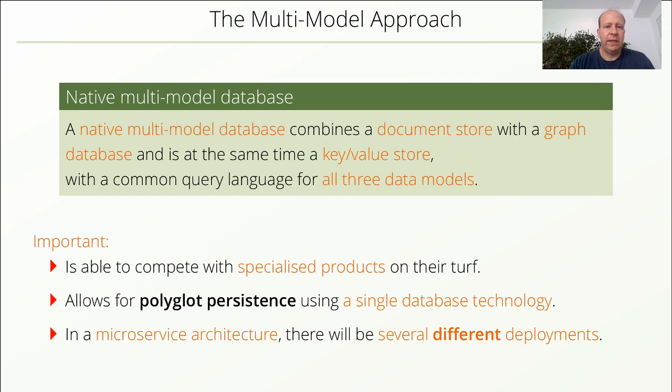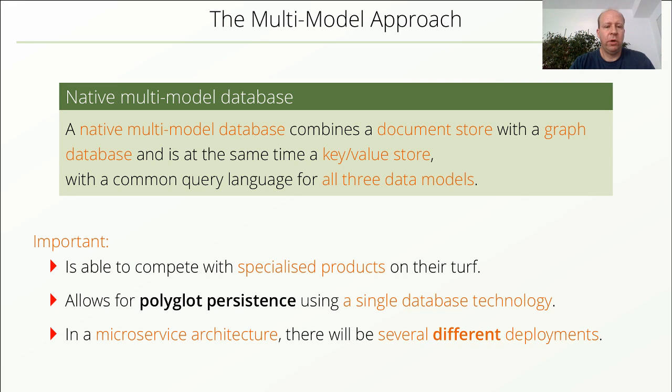So, the idea of a multi-model database, or actually a native multi-model database, is that it is a data store which combines a document store, a graph database, and a key value store in the same database engine.